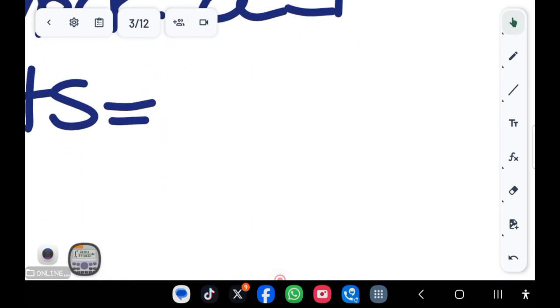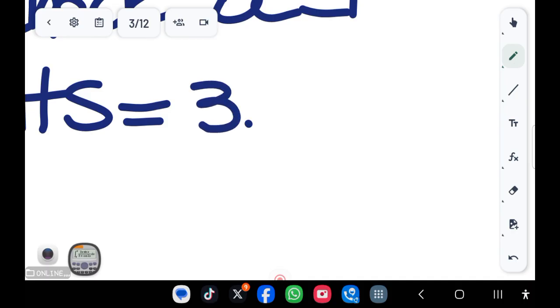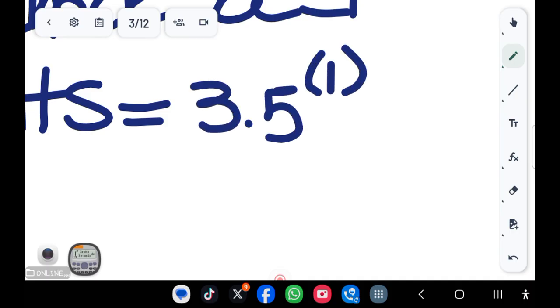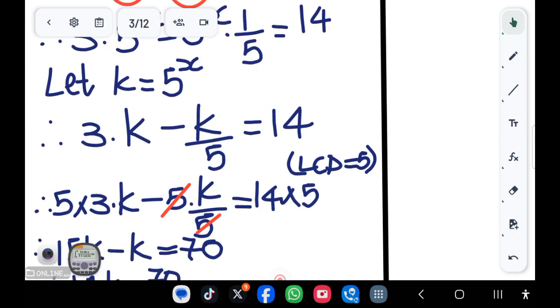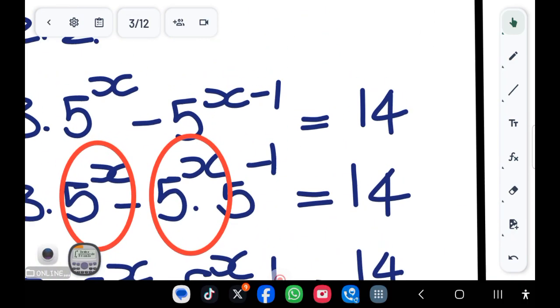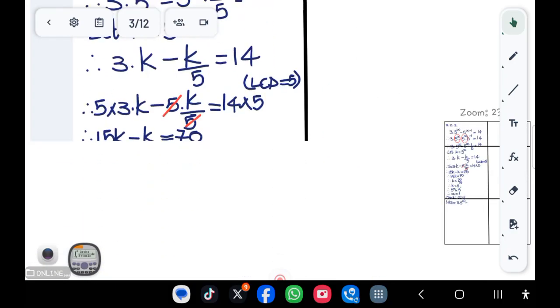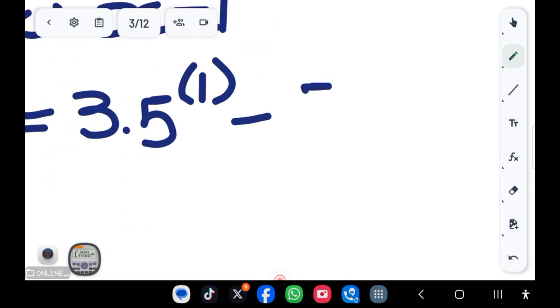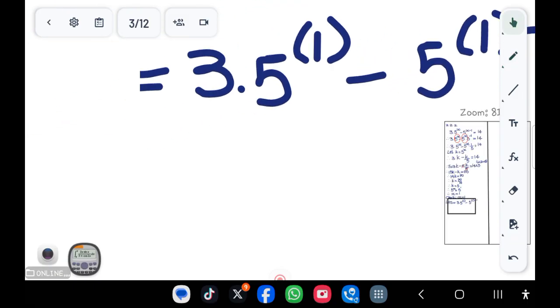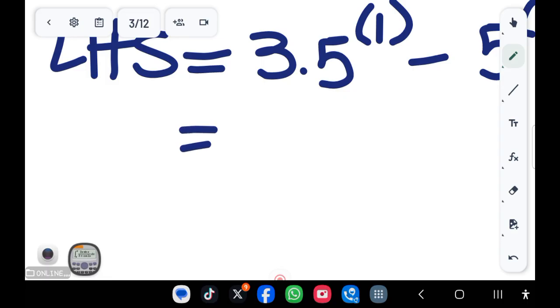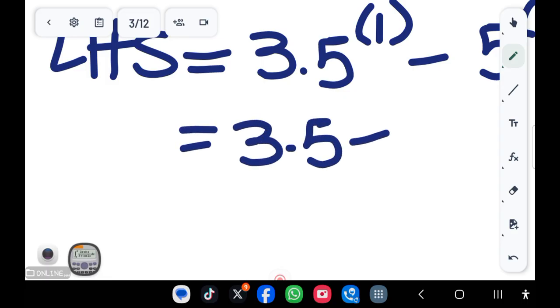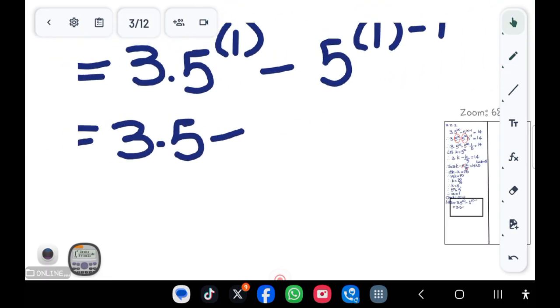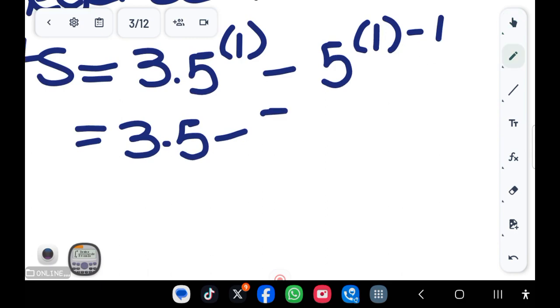So that will be 3 times 5 to the power of 1 minus 5 to the power of 1 minus 1. And that gives us 3 times 5 minus 5 to the power of 0.